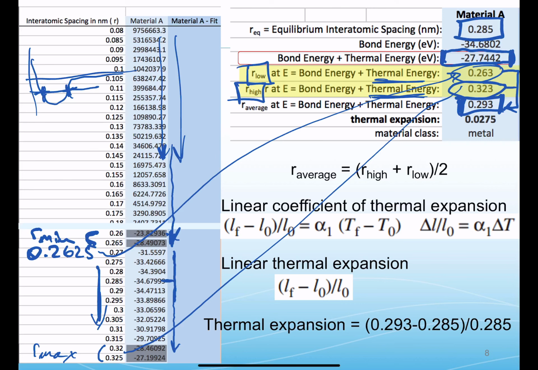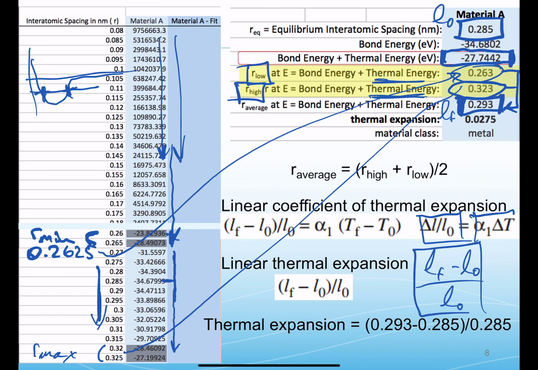With that information, we have L0, we have L final for the bond, and we can input them into our thermal expansion coefficient equations. So the left-hand side here can be estimated from simply L final minus L naught divided by the initial length, L naught, and that gives us a thermal expansion coefficient product where we have built-in delta T, and without temperature information, that's as far as we can go.